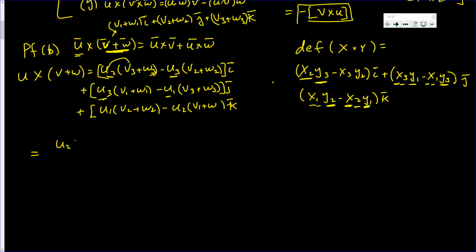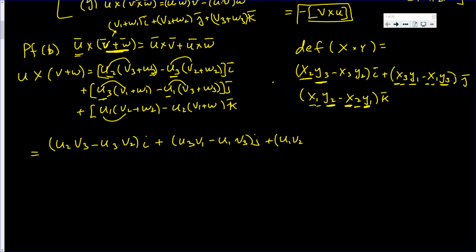So you have U2V3 minus U3V2, and this is in the I direction, plus U3V1 minus U1V3, that's in the j direction, plus U1V2 minus U2V1, and that's in the k direction.